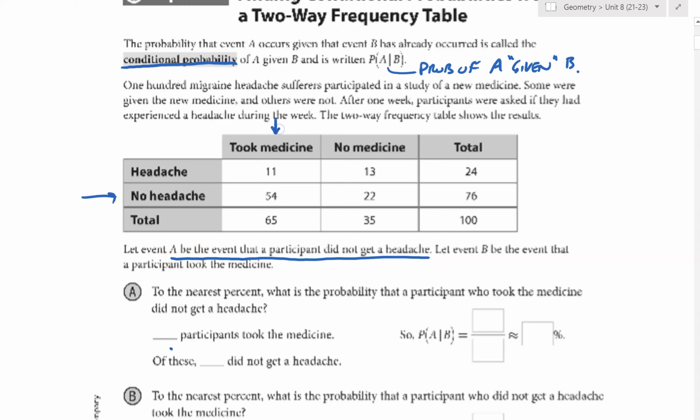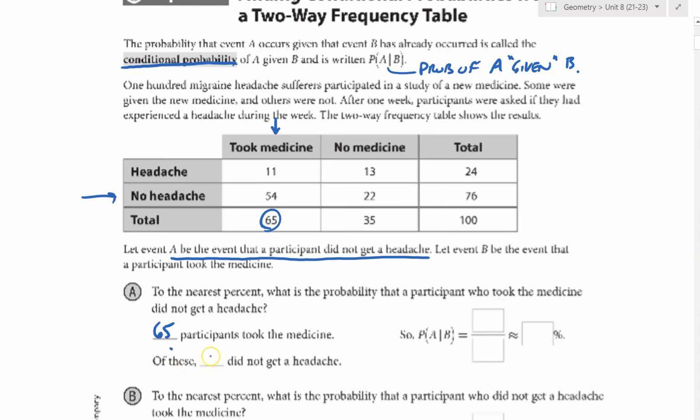So that's this column. And so, what is the probability that a participant who took the medicine did not get a headache? So how many participants took the medicine? And so that is 65.